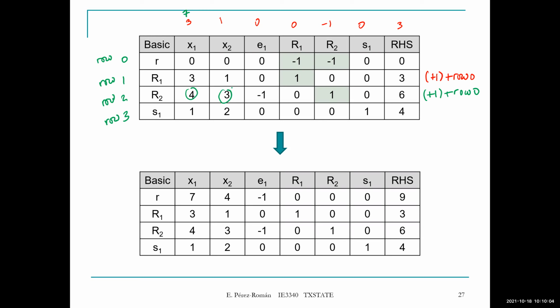So 3 times 1 plus 0, I'm sorry, plus 1, this is 4. Negative 1 times 1, this is negative 1. This is 0. This is 0. This is 0. This is 6. So now this is 9. So this new row 0 will be 7, 4, minus 1, 0, 0, 0, and 9, after making these two operations.